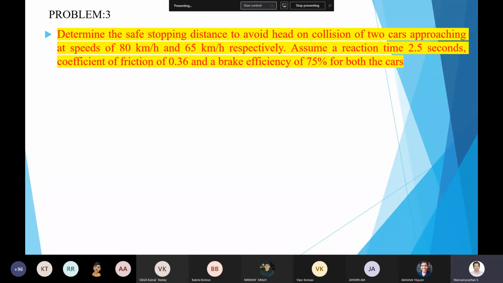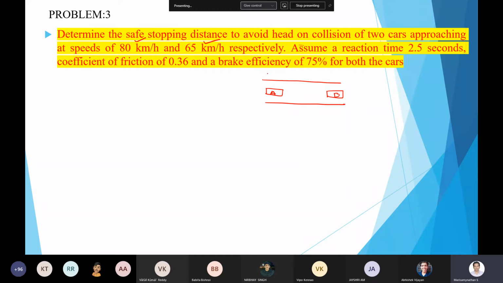The third problem is also connected to SST only. Determine the safe stopping distance to avoid head-on collision of two cars approaching at speeds of 80 km per hour and 65 km per hour. Consider one road. Vehicle A is traveling, and the opposite vehicle B is traveling.